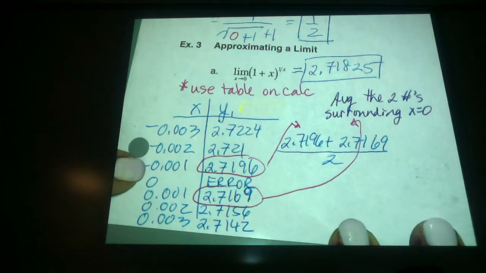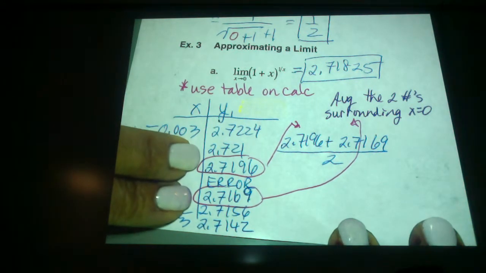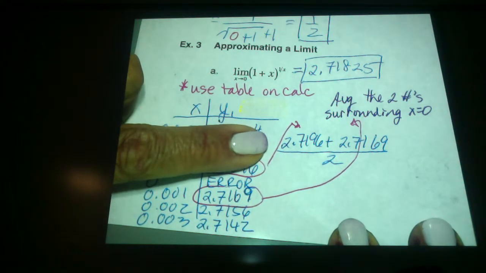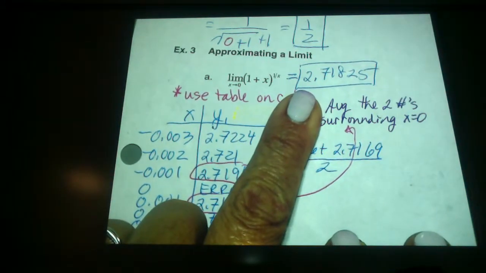I use, well, mostly because it's not 1, I guess. I use really close ones, as far as I could put in my calculator. You could go out to four decimal places if you want to, and your table will read that. Anyway, I got these two values for y, just average them. And that will approximate your limit. So there's your limit approximation.